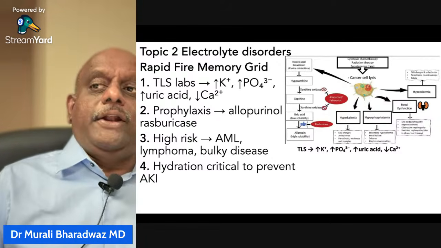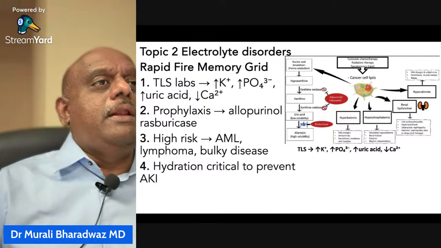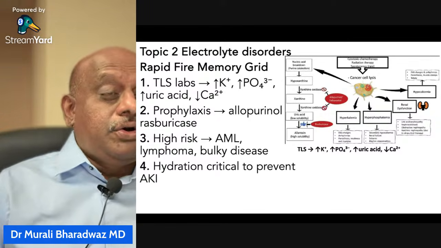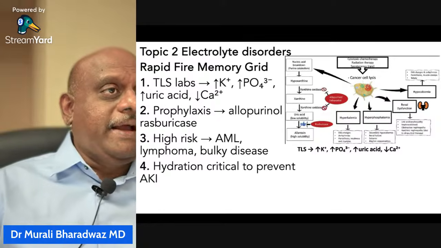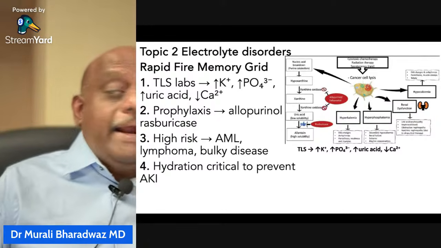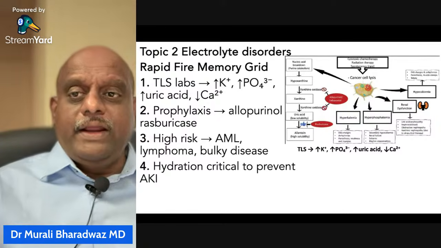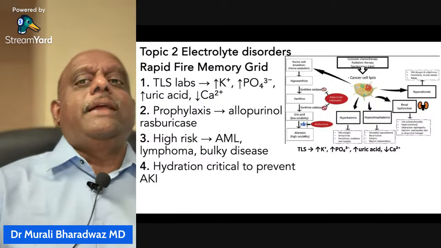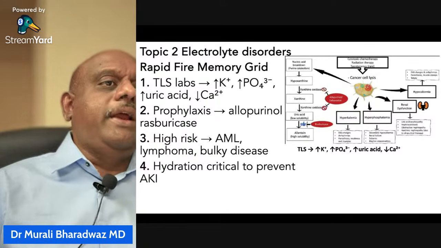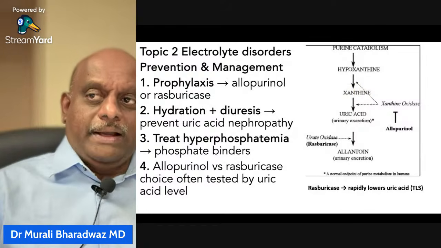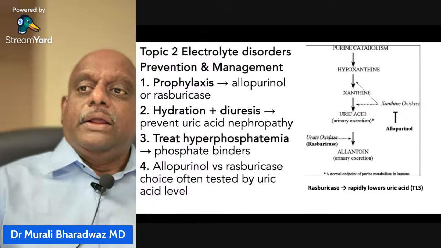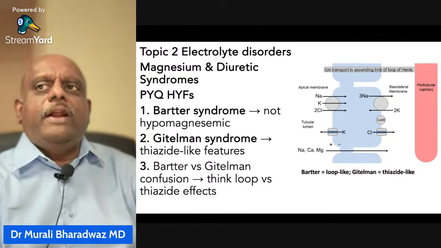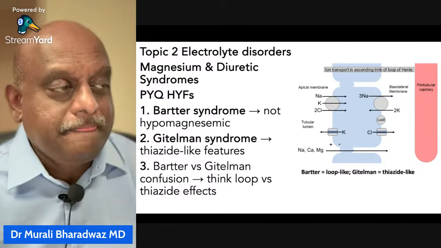That's the reason we need to give allopurinol, rasburicase to avoid hyperuricemia. And we need to give hydration, which is very critical to prevent the development of acute kidney injury, is what we need to remember. Right, doctor?